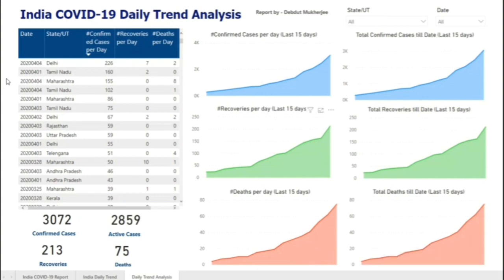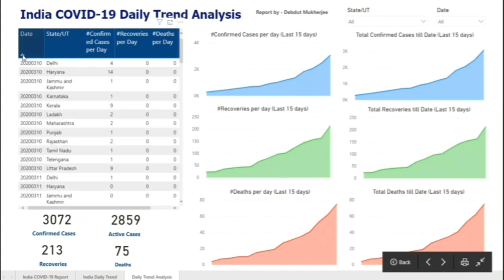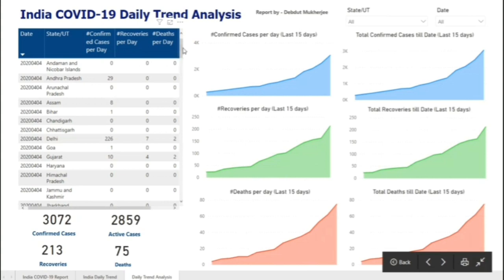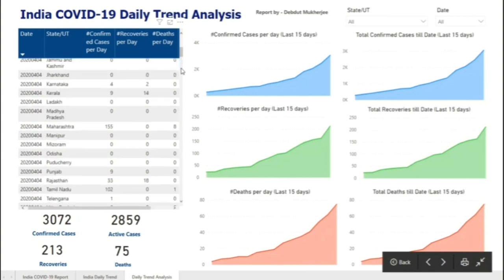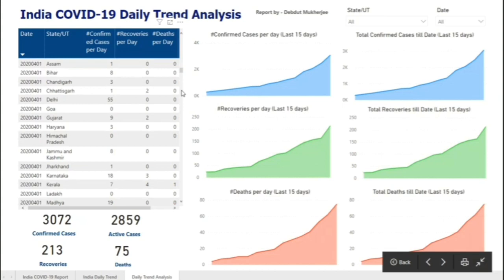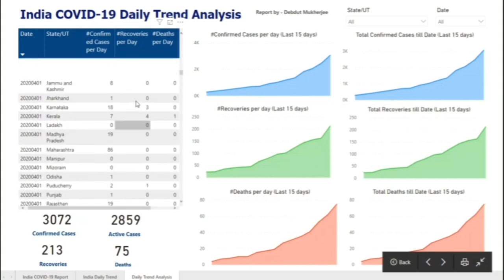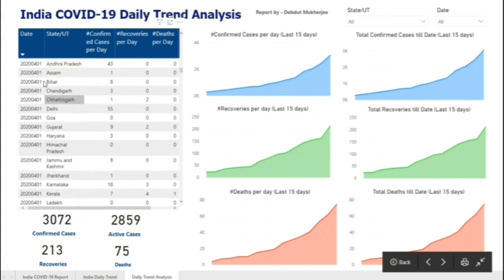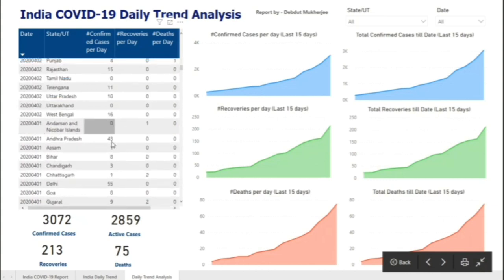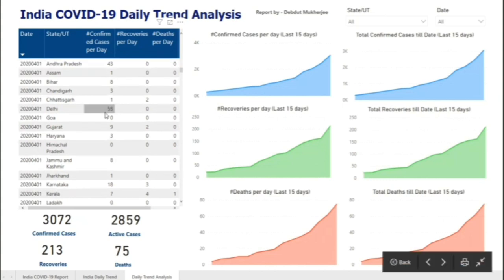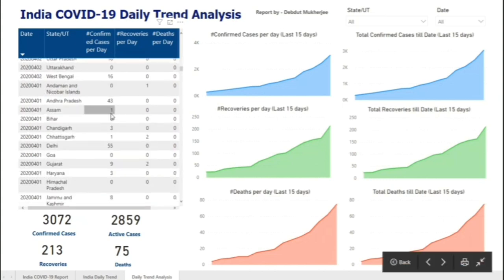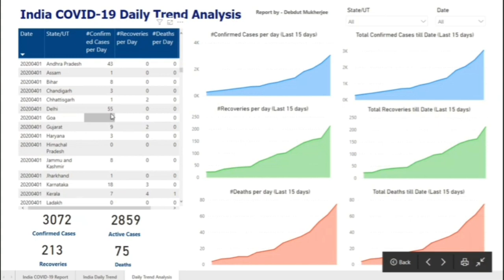And if we talk about 1st April, I'll just quickly sort by this one. Okay, if we analyze 1st of April, who was primarily responsible? 55 Delhi, 43 Andhra, 86 Maharashtra.